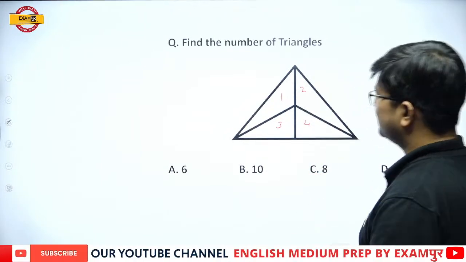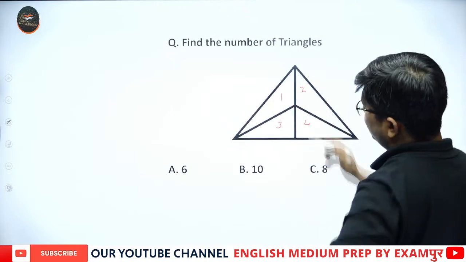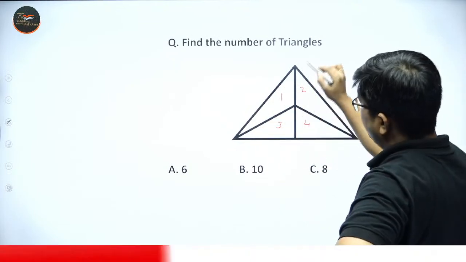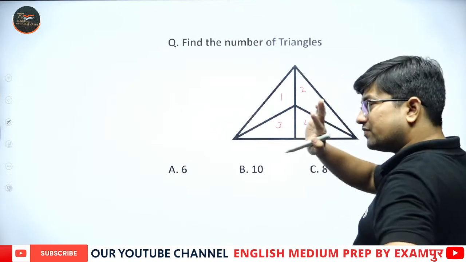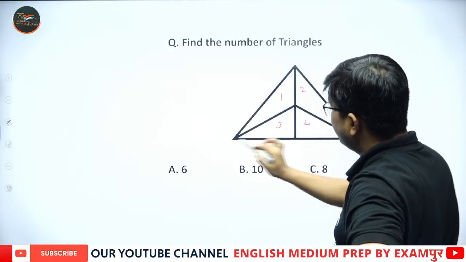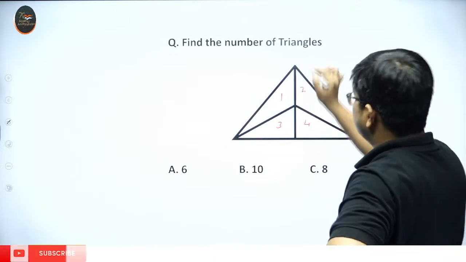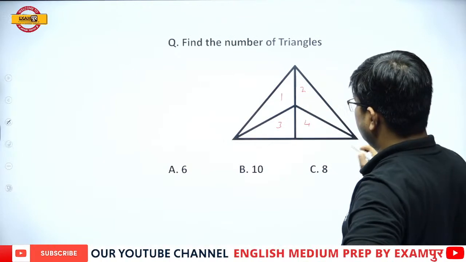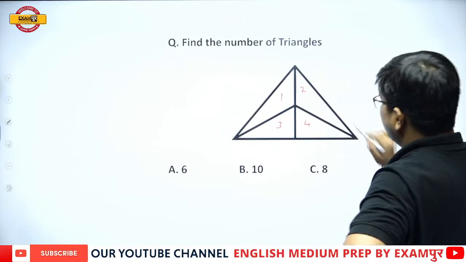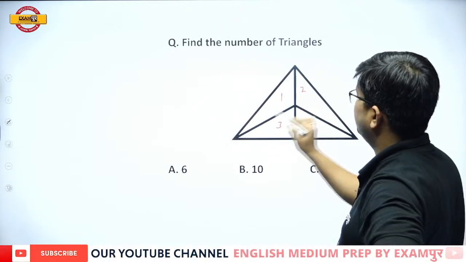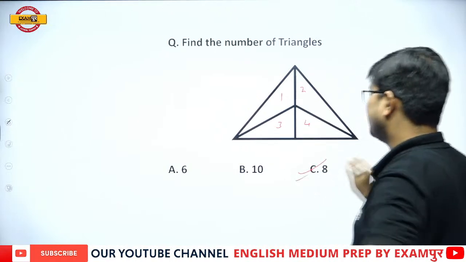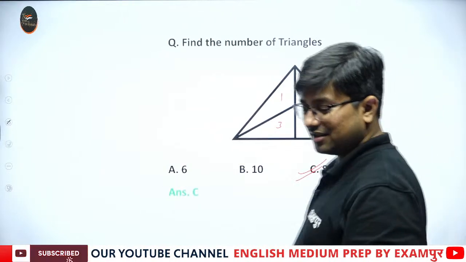Or before that, easily you can do one thing: 1, 2, 3, 4, 4 is fine. Now 5, 6, 7, and then 8, and therefore the right answer is option number C, that is 8.